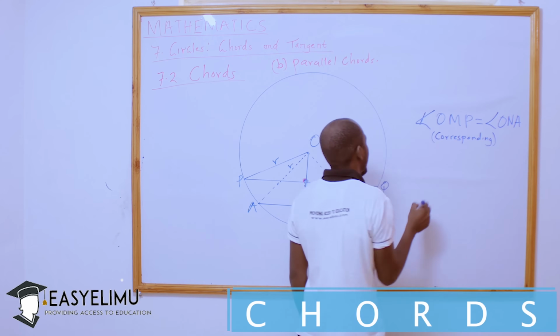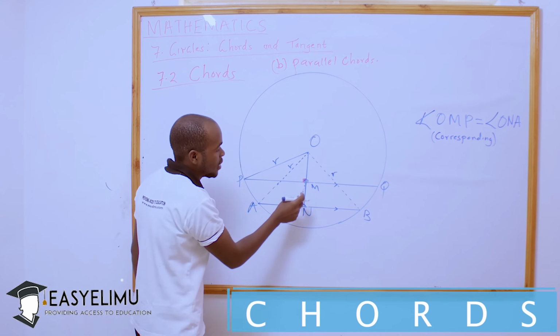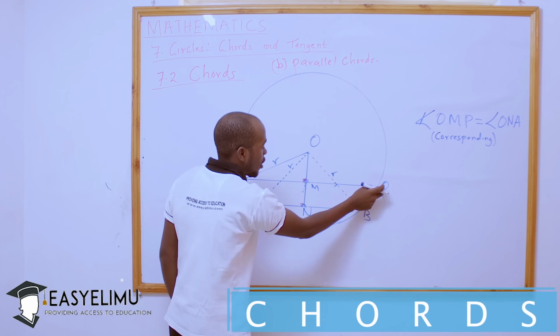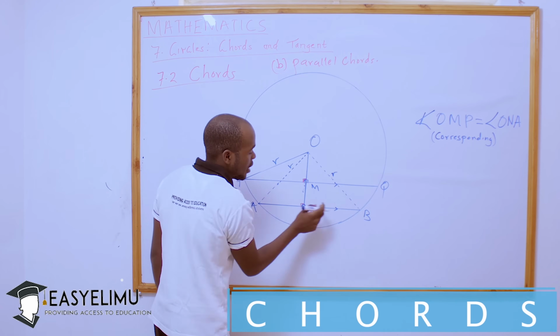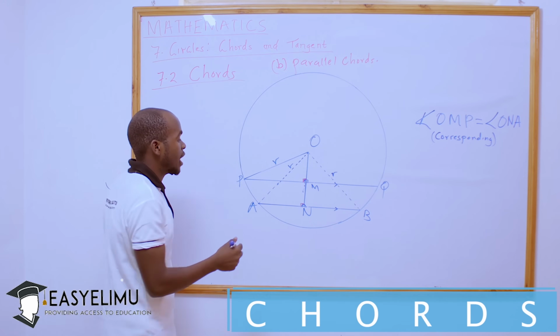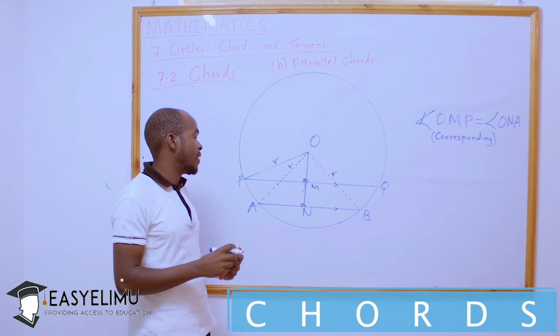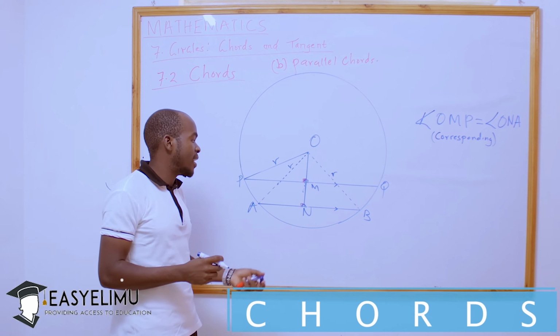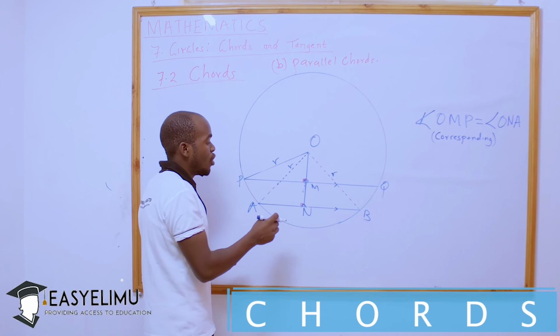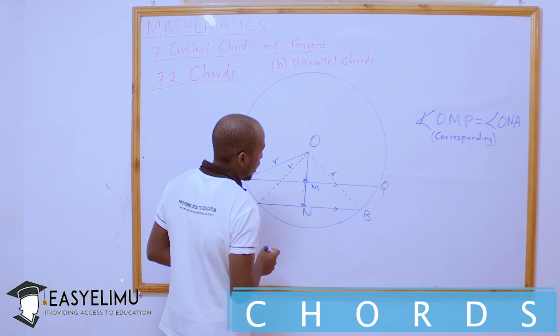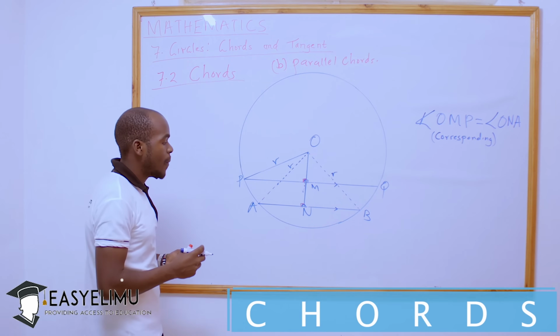The same applies to the other angles, OMQ and ONB. They are also corresponding to each other because they are on the two sides of the two parallel chords, and they are divided by the line OMN.